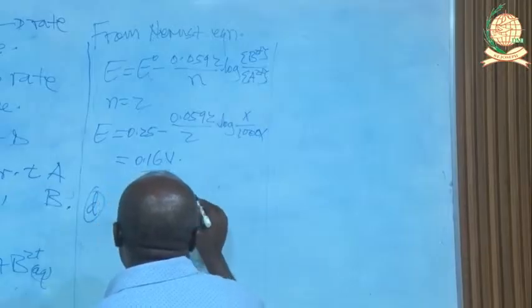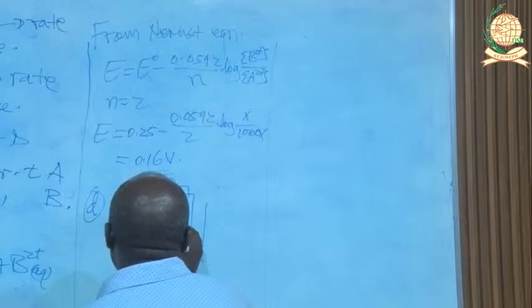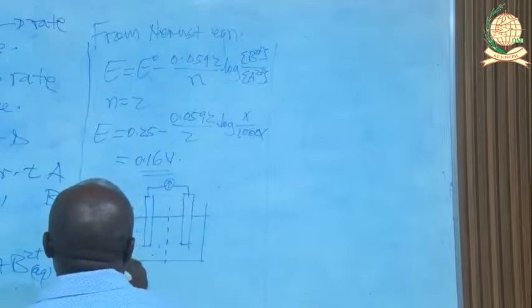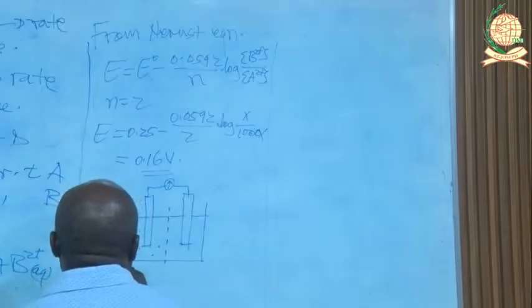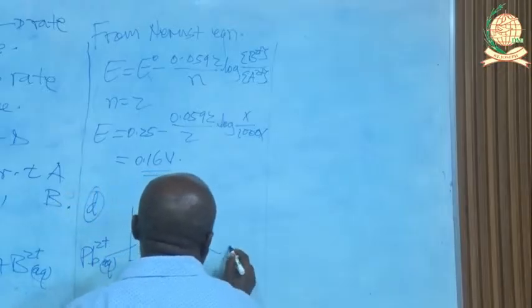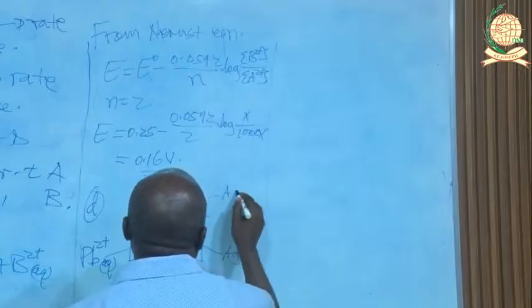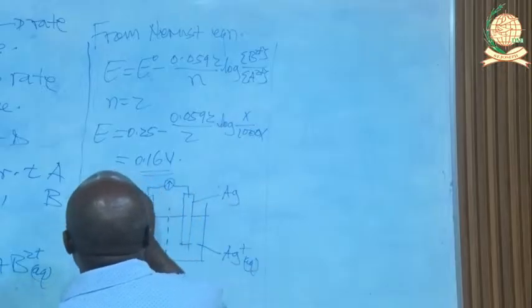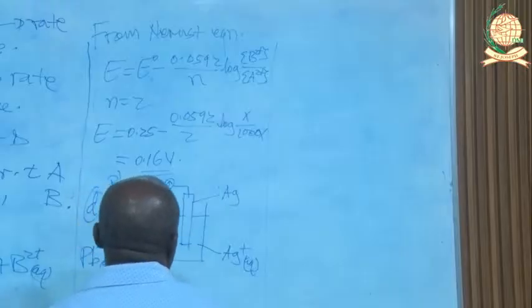Normally, the standard electrode potentials for the two, so this is lead solution aqueous, because it has lower standard electrode potential. This is the silver solution, then this is the silver electrode, this is a lead electrode. Now, this is the cell potential.